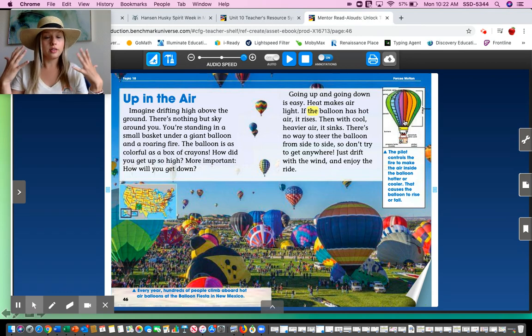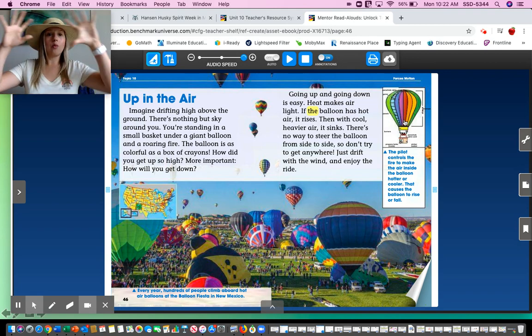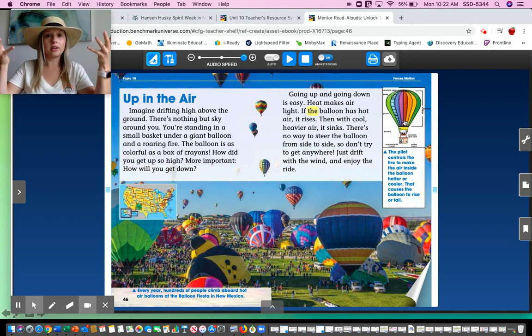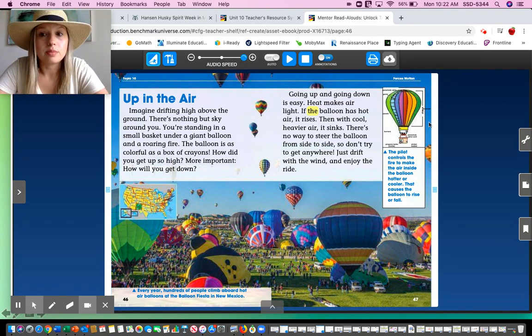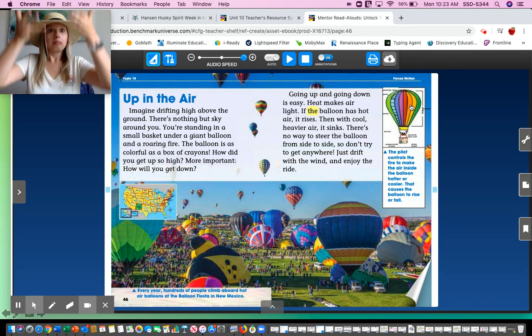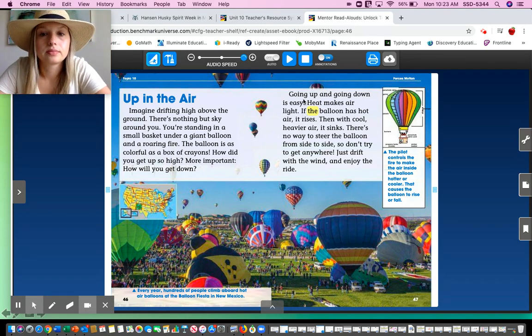And the heat from the fire makes the air around it warm and hot, right? And that warm air, that heat makes the air light, so the hot air will rise, which makes the balloon rise. The balloon has hot air, it rises.